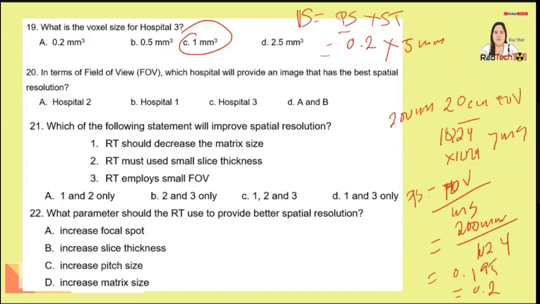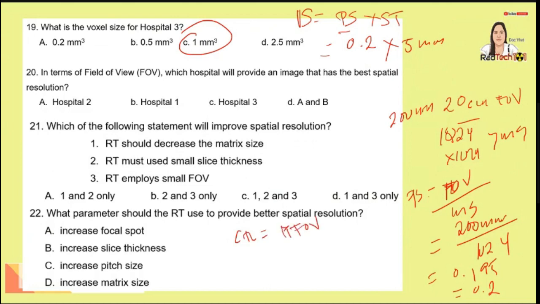20, in terms of field of view, which hospital will provide an image that has the best spatial resolution? So I mentioned earlier, if you want a better contrast resolution, we increase the FOV.